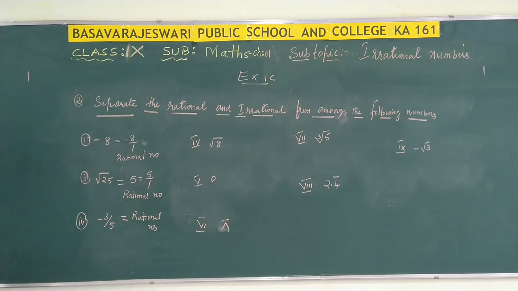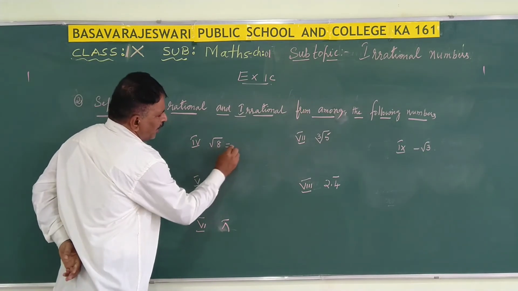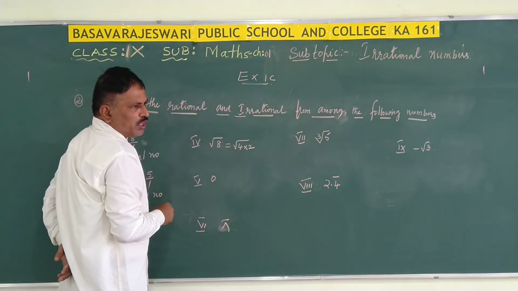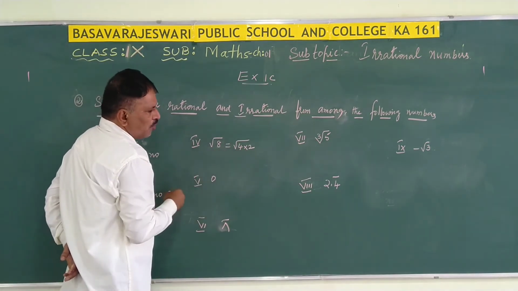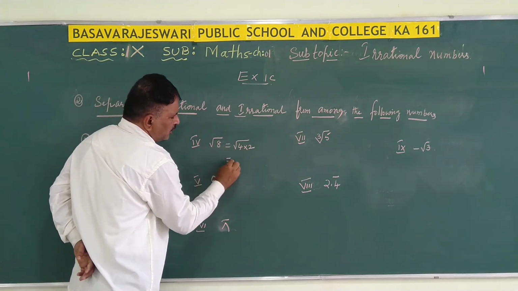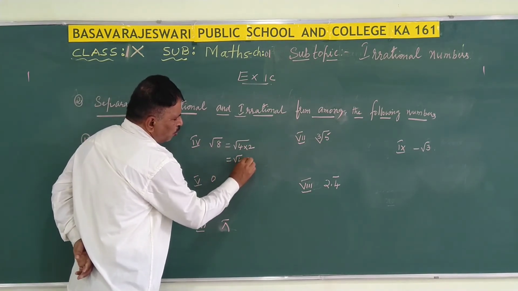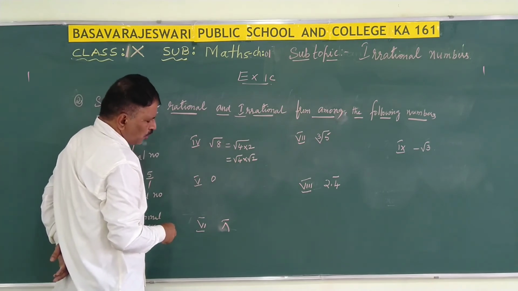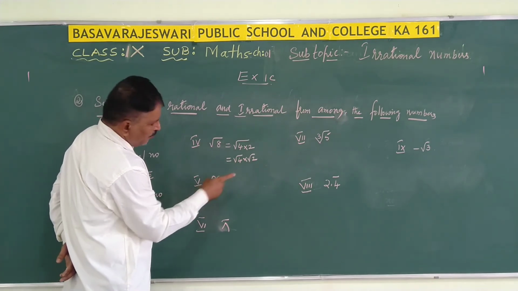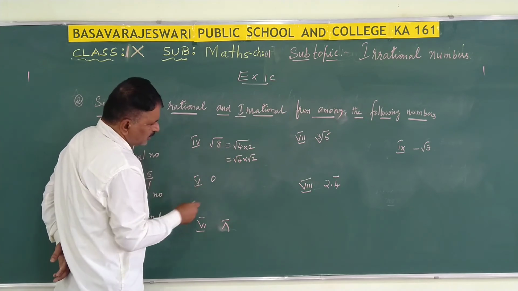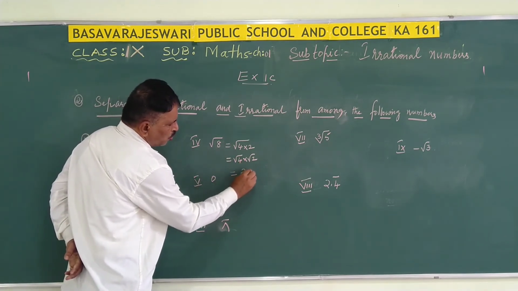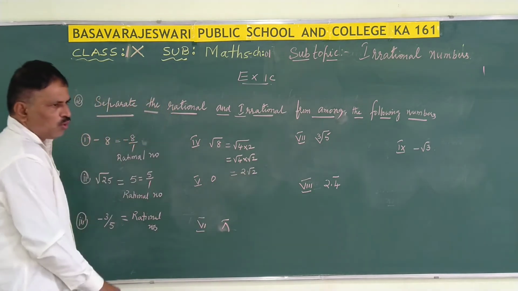Now root 8. Root 8 can be written as root of 4 into 2, which is root 4 into root 2. Root 4 is 2, so this is 2 root 2.